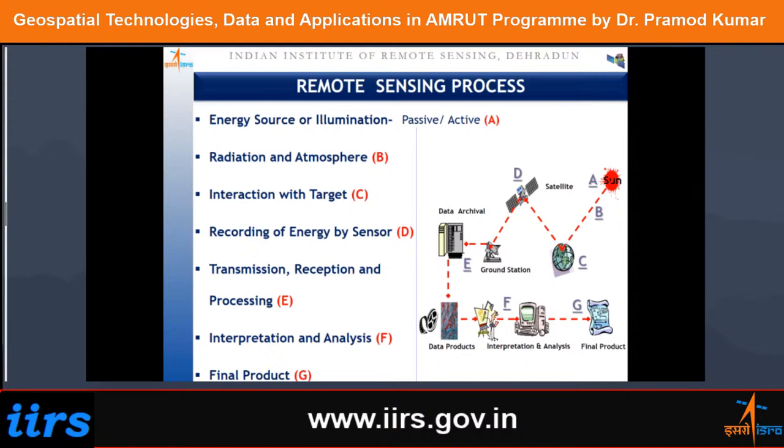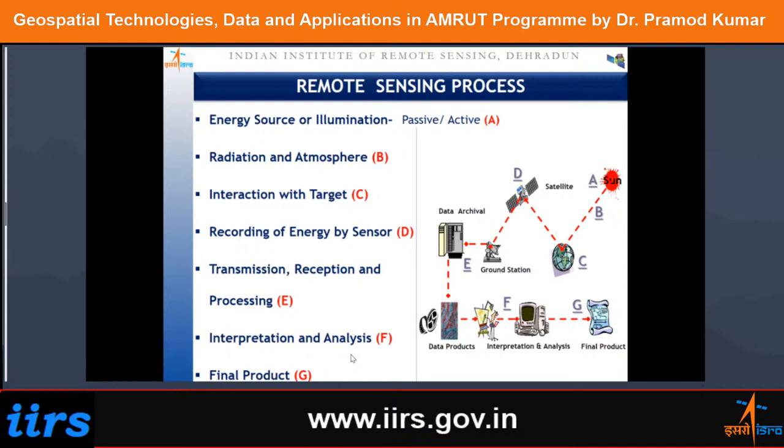Once it comes to the user, the user has to take on the interpretation and analysis, and the product is generated. So in the AMRUT program, our involvement starts once the data is received by the interpreter, and then he interprets or analyzes the data, and the information dissemination has to happen.